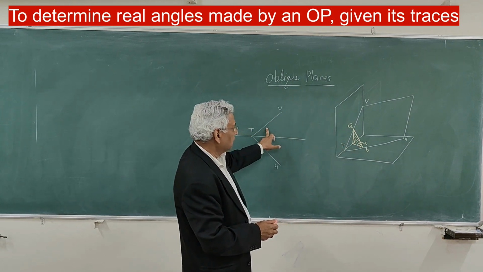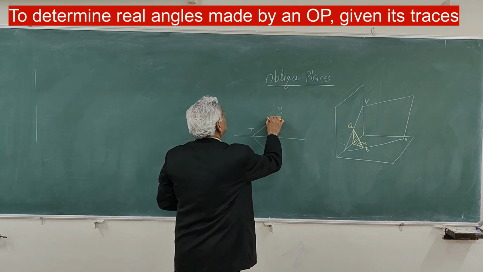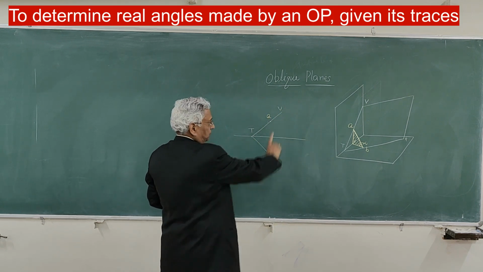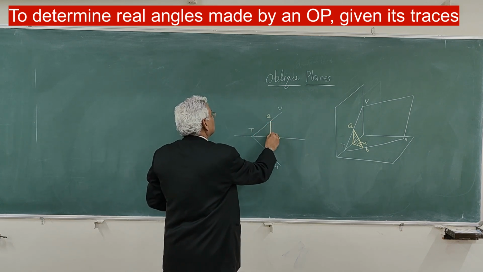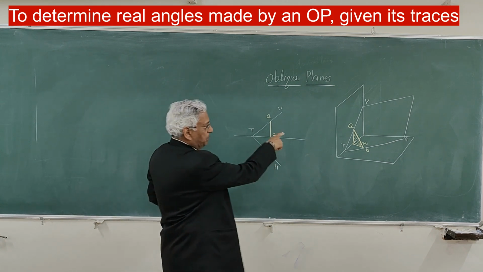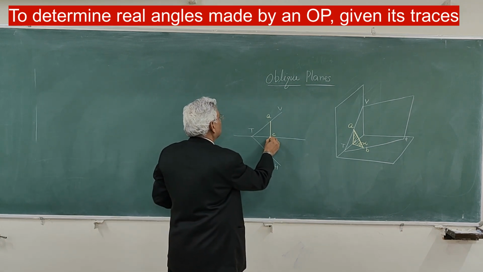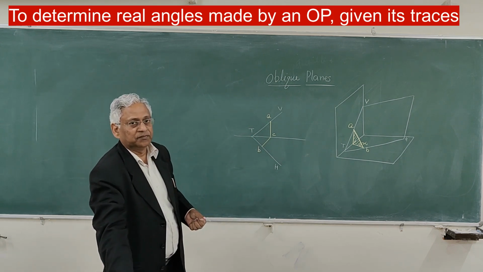So come to this figure. Take a point A on the vertical trace anywhere. AC perpendicular to the ground line. BC perpendicular to the horizontal trace. You get this triangle.